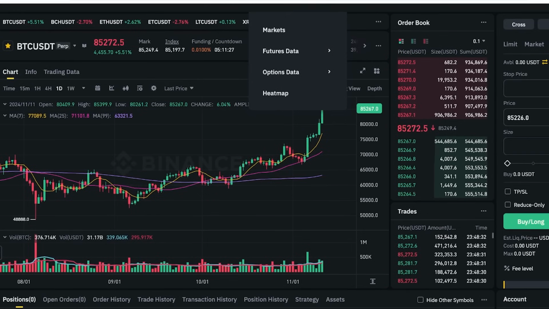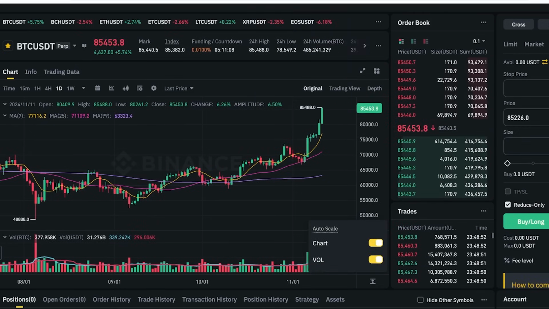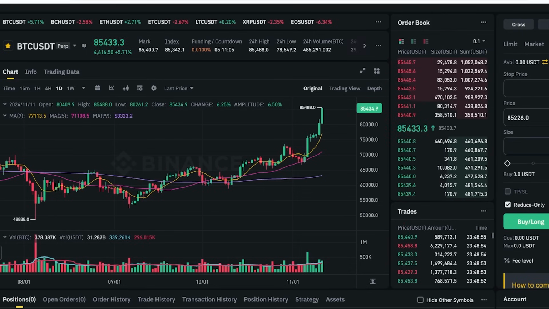And if you only want to reduce, you can activate the reduce only option, in which the system will only allow us to reduce our current position. So if you have an open long position for Bitcoin, and the reduce only option is ticked like so, we cannot put in a sell order of a larger amount than our current long position, because that would mean our current long position would not only be canceled out, but it would also change into a short position, which is not going to be allowed with reduce only activated.